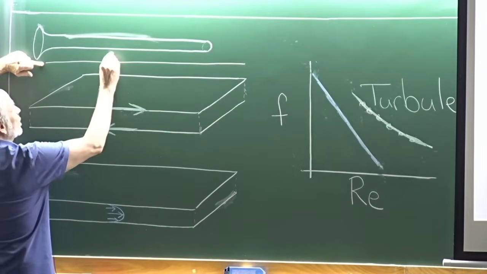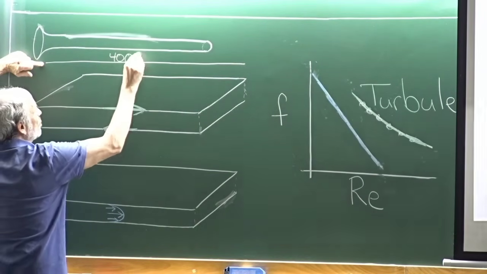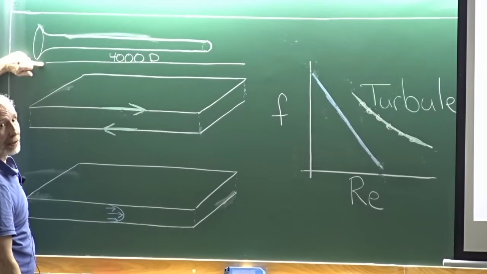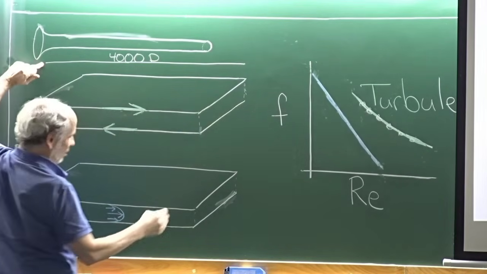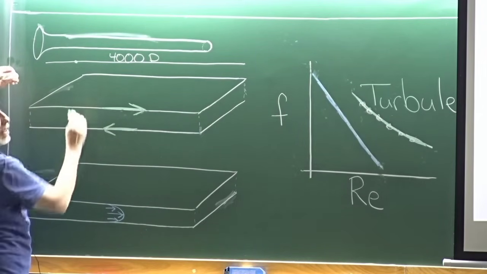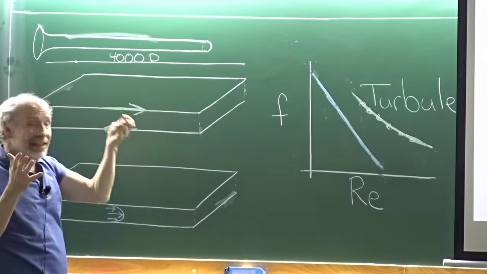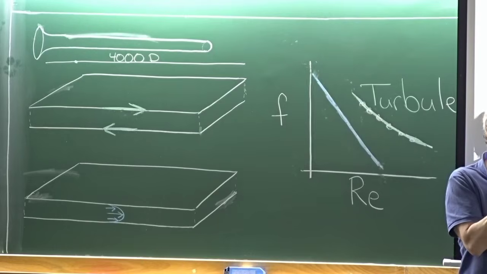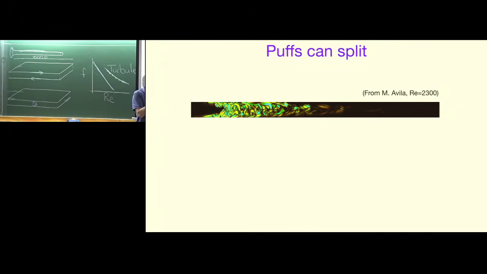The length of the pipe is 4,000 times the diameter. So one of these little patches, at this scale, looks like a little dot, and that's where it's turbulent. I've collapsed all of this mentally to one discrete state: either it's a turbulent puff or it's not.